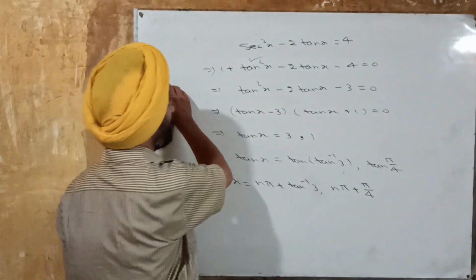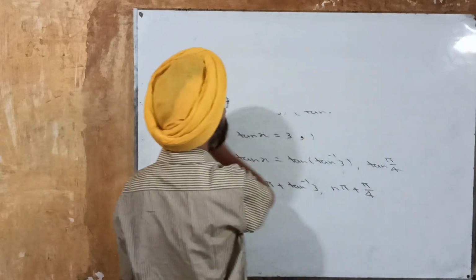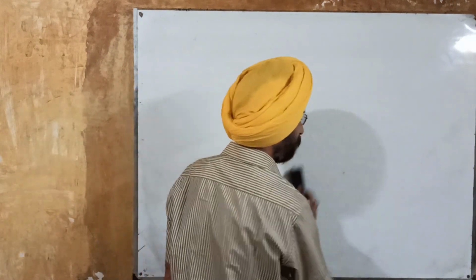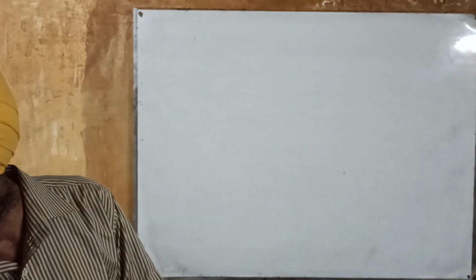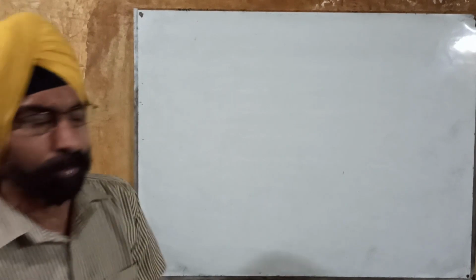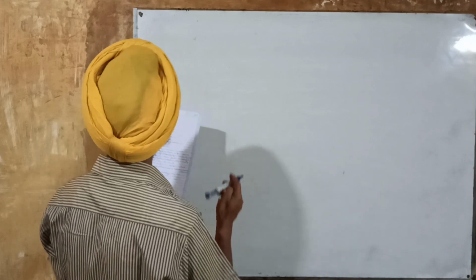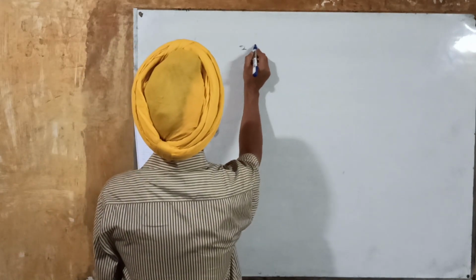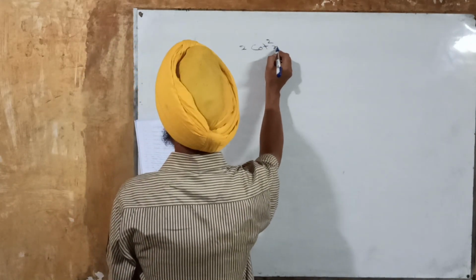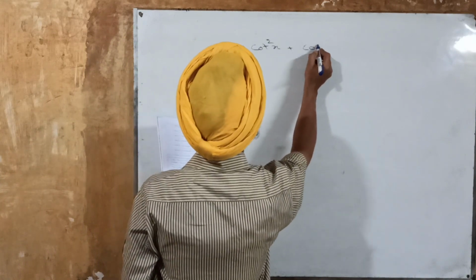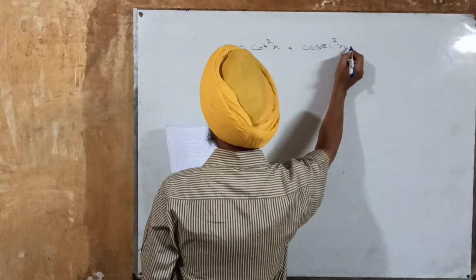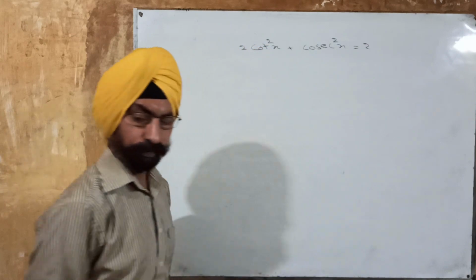And now I am going to take another trigonometric equation which we will solve. And slowly we will go to different typical problems. Yet this one is another easy question which I am going to take: 2 cot square x plus cosecant square x is equal to 2.